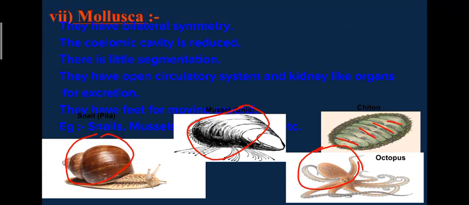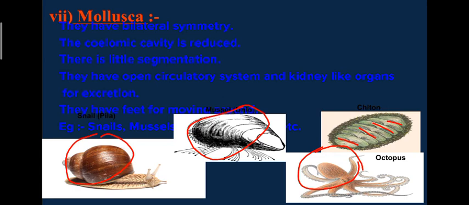Now like arthropods, they have open circulatory system, and like arthropods they have also developed organs for excretion. नेफ्रीडिया होते हैं, इनके अंदर अलग ऑर्गन्स प्रेजेंट हैं. नेफ्रीडिया अर्थवॉर्म में है, इंसेक्ट्स में अलग अलग ऑर्गन्स हैं, मोलस्का में और ज़्यादा, जस्ट सिमिलर टू द किडनीज.